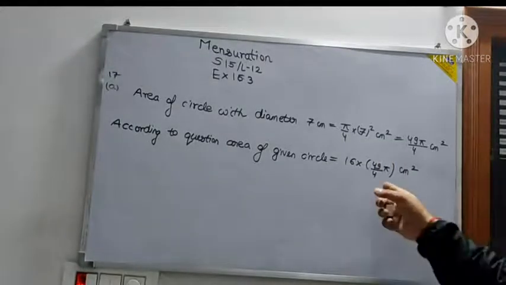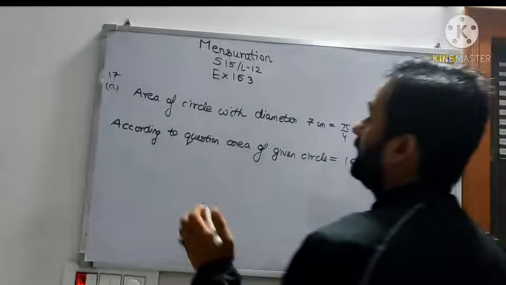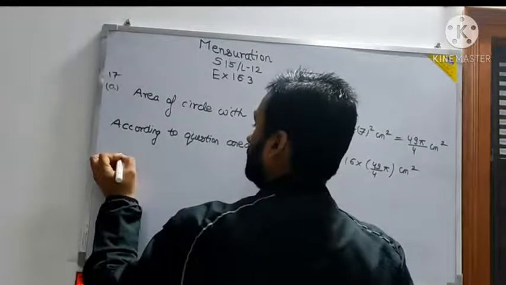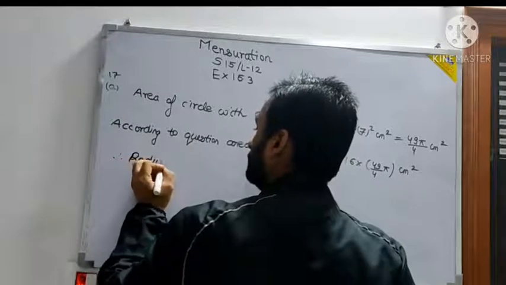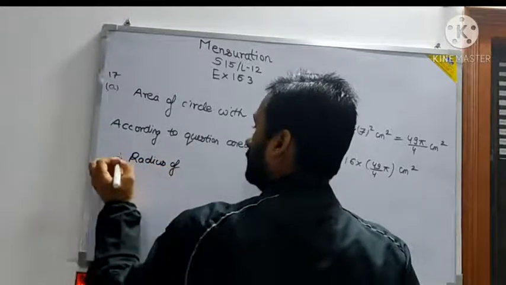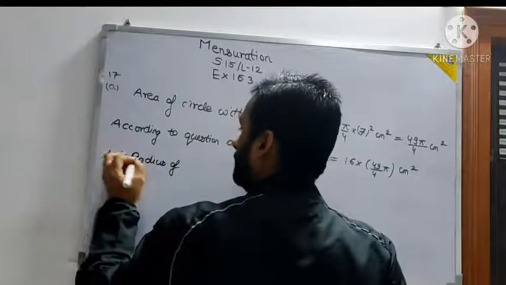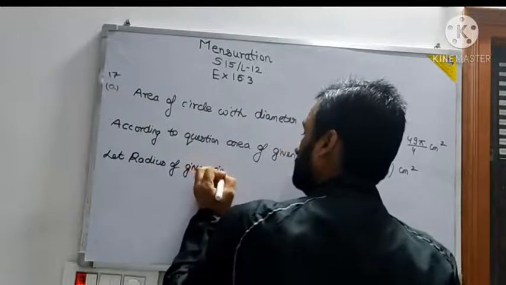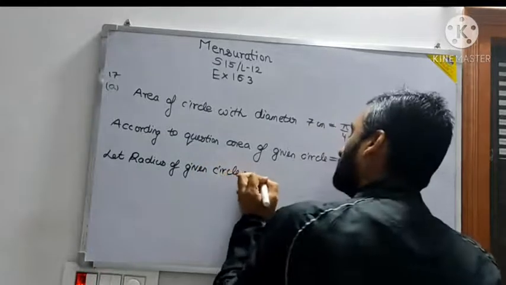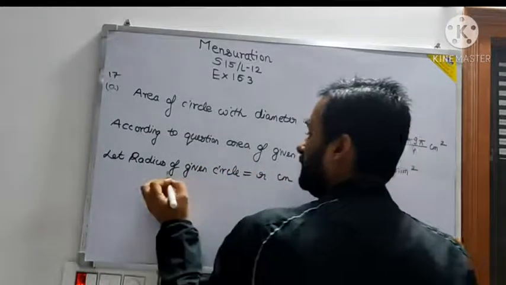Now for this area, to find the radius, let the radius of the given circle be r centimeter.